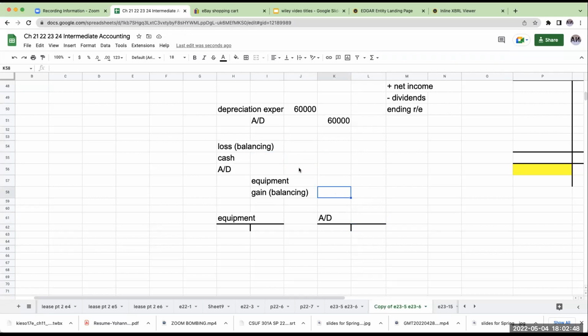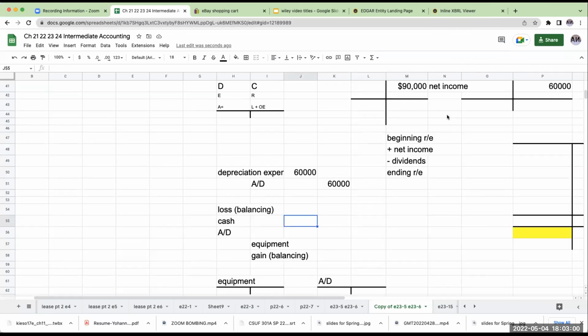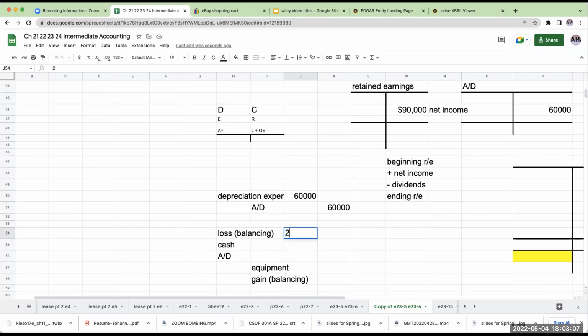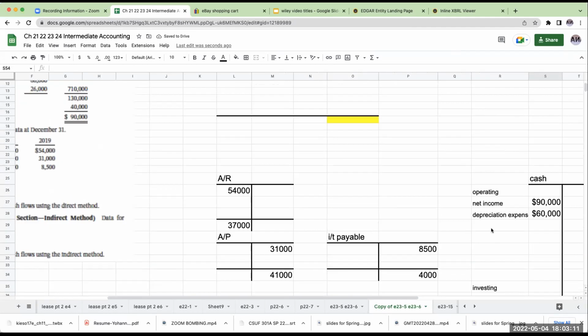Now, the rule is, when I sell equipment and I'm doing cash flows, at least my rule is, I take what I put in there and then post it directly to the T accounts. So the cash that I would receive would go into the investing activities. And the loss on sale of equipment of 26,000 would go into my cash section here, a loss on sale of equipment for $26,000.